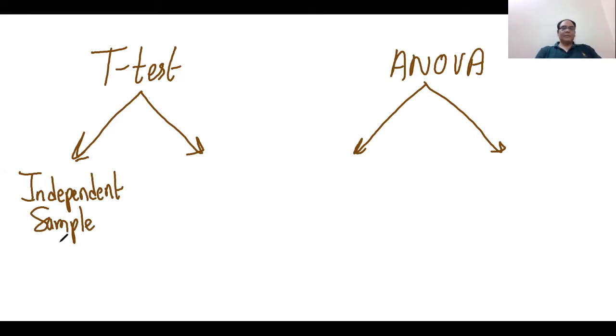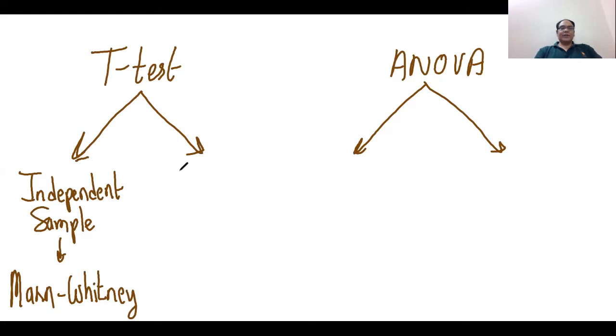But here we can apply Mann-Whitney test. When the sample size is less than 30, then we can go for Mann-Whitney test. So we can say that Mann-Whitney test is the non-parametric substitute of independent sample t-test.